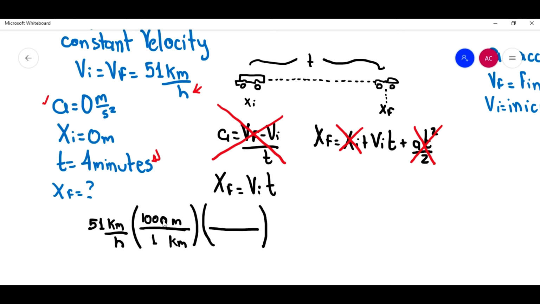From here, I need to cancel hours. If I want to cancel hours, I'm going to write them on the opposite side. So this is hours, I'm going to write hours here, and what I want are seconds. So 1 hour is 3,600 seconds.